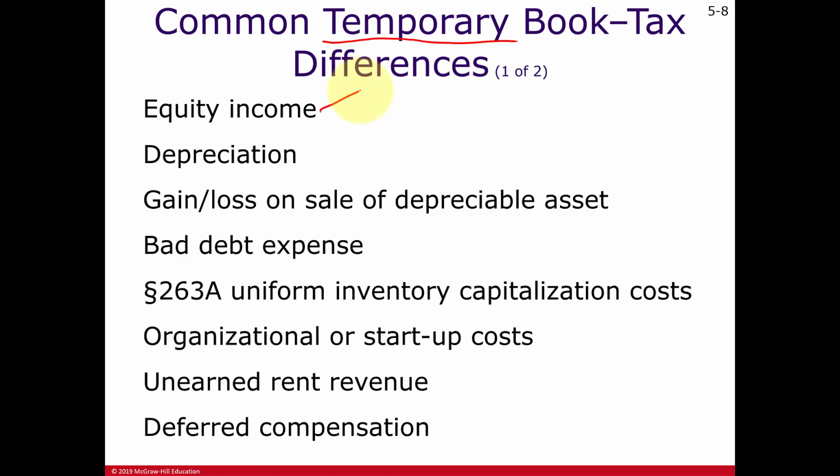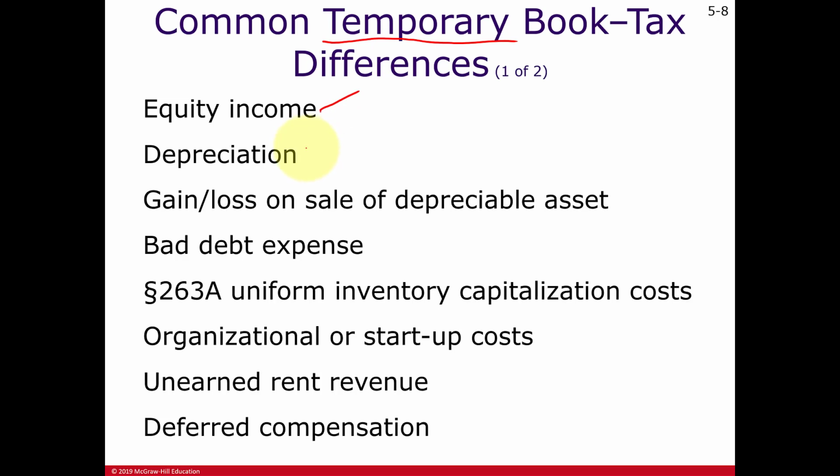Depending upon how much control or percentage interest you have in that so-called subsidiary, it may require the parent company to report part or maybe all of the profits of that subsidiary in the parent's tax return. There could also be dividends being paid from one subsidiary to the parent, and that may come into play in any type of calculation of this book to tax difference.